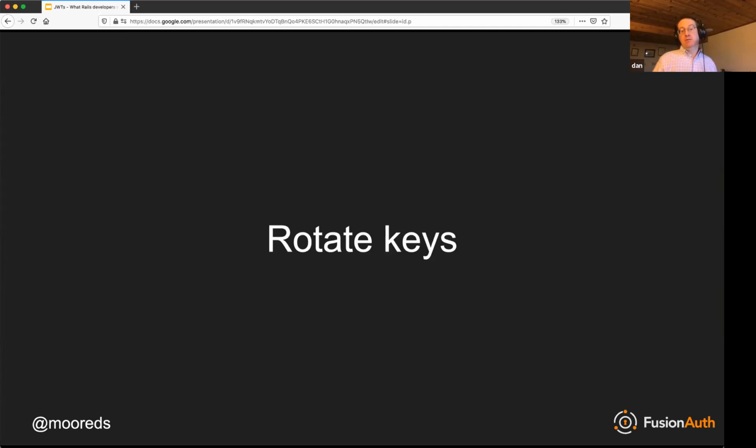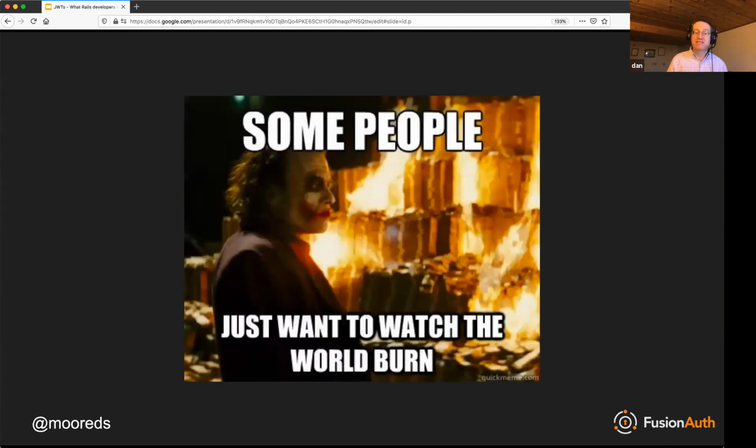The first option, the burn-the-place-down option, is to rotate your keys. If you rotate those keys, then no JWT that's been signed with the old keys will be valid anymore. That could be a good option in some use cases, if you have a limited set of clients and you're okay with them all having to sign in again, or it's a really serious breach and you just want to stop the bleeding.